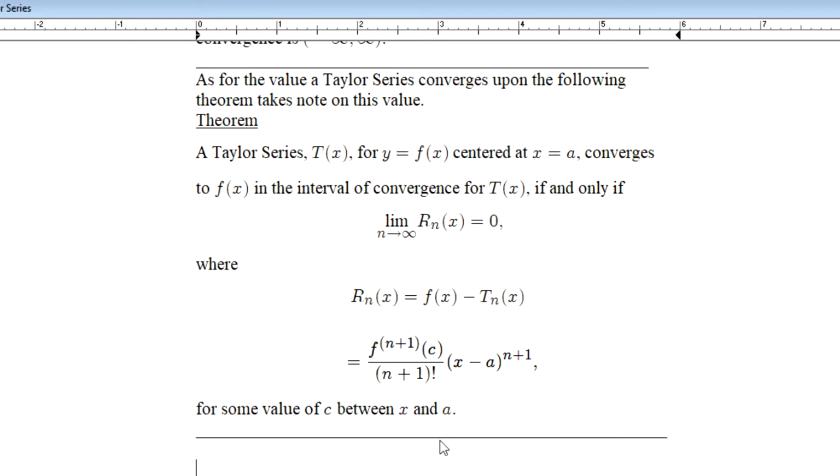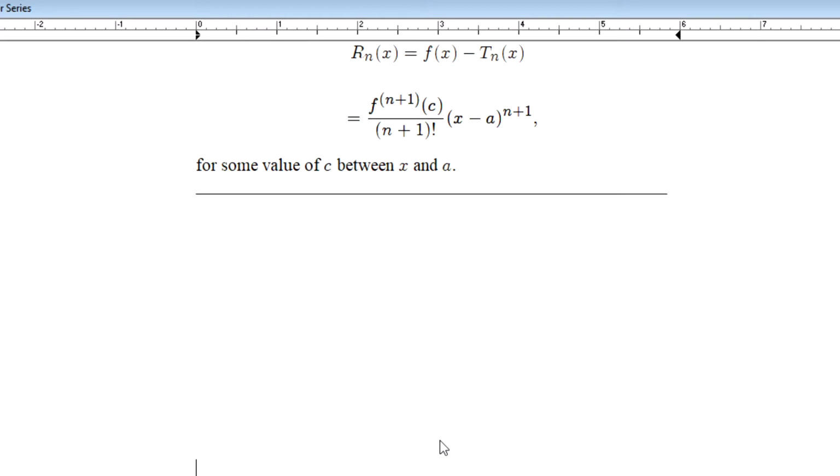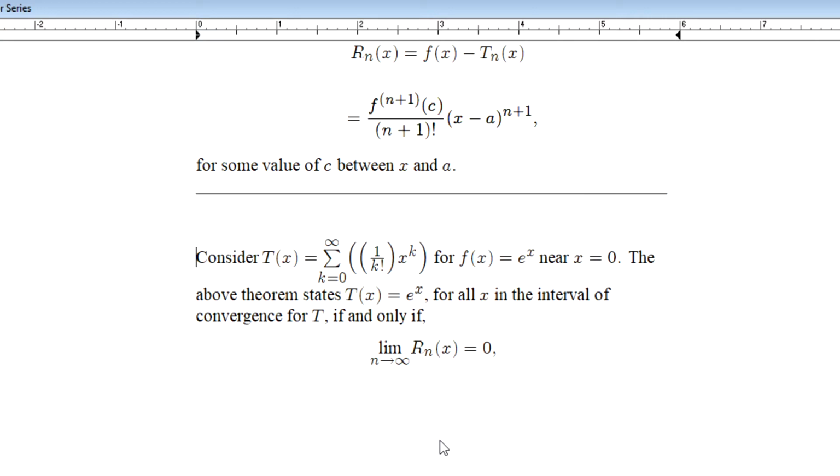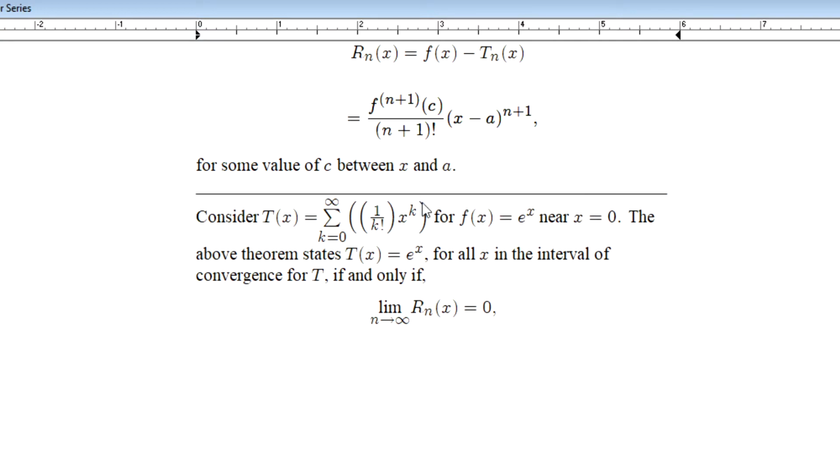Well, what does that all mean if we look at that in practical application? We might consider T of x equal to this, the previous case for f of x equal to e to the x near x equal to 0.